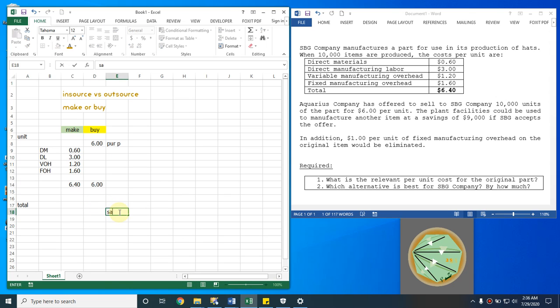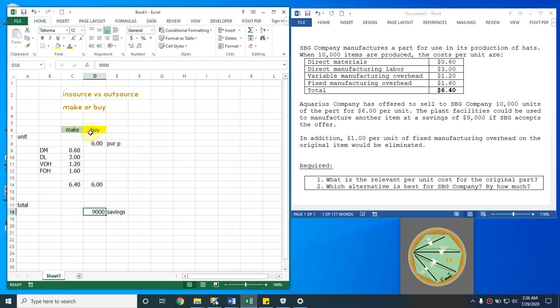So do we have any savings under the make option? Obviously none, because if the company continues to make the product on its own, there will be no savings of 9,000. Again, the 9,000 will only be another source of savings by the company if the company will choose to buy rather than stay with manufacturing its own part of the product. So we have here as our presentation.